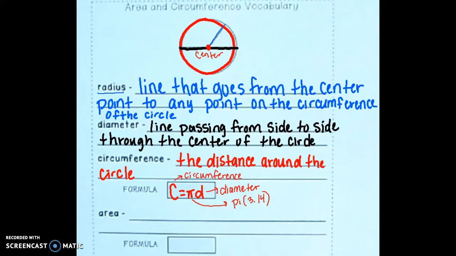All right, the area is the number of square units inside a circle. The number of square units, and you guys know what area is. You learned that in 6th grade.